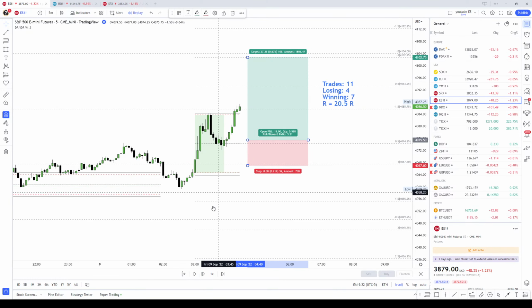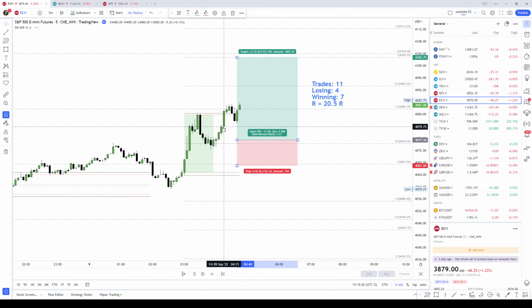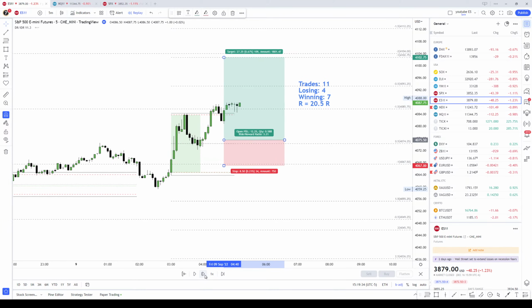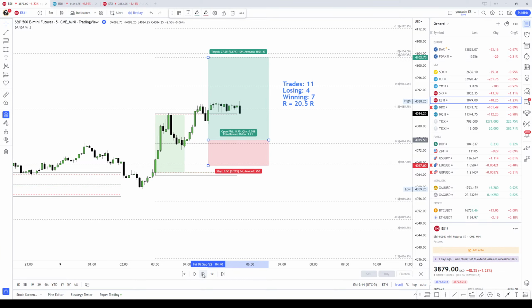Okay, confirmation long. There is another nice entry, confirmation long. That would be a nice fair value gap entry. Still price is hovering around the DR levels, respecting that. That's a positive sign for your long trade.